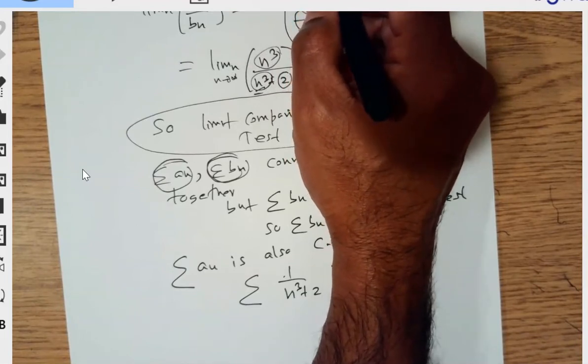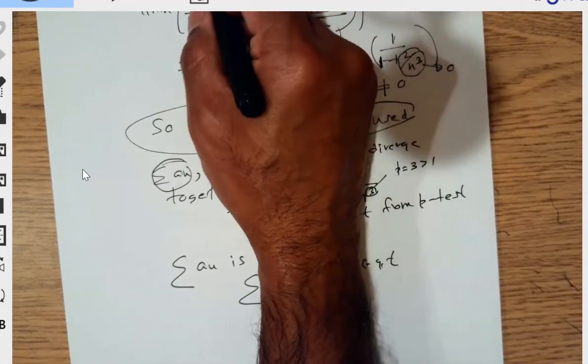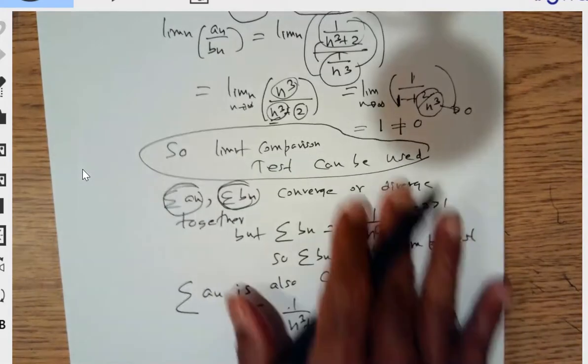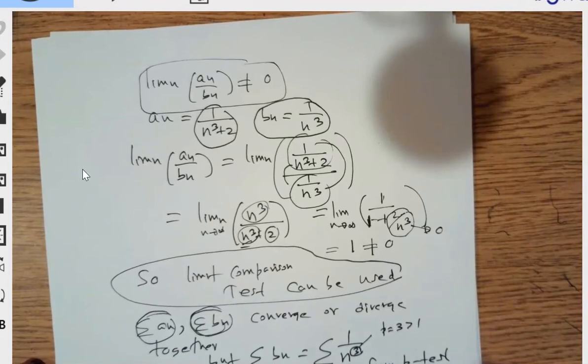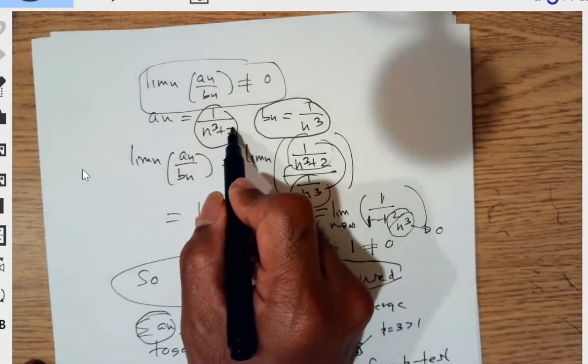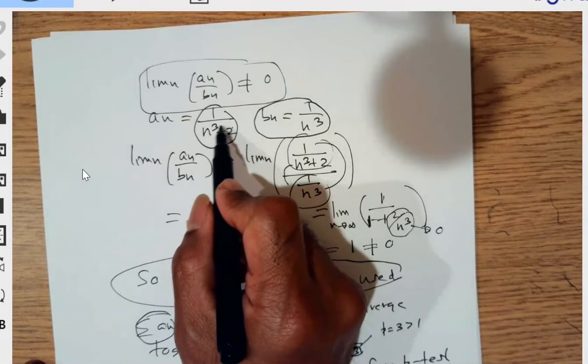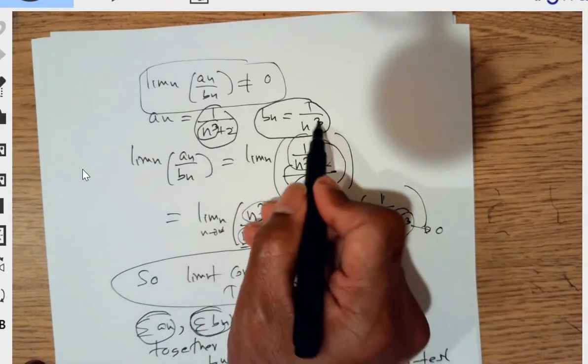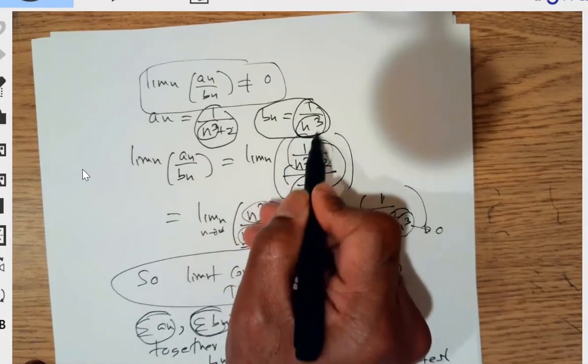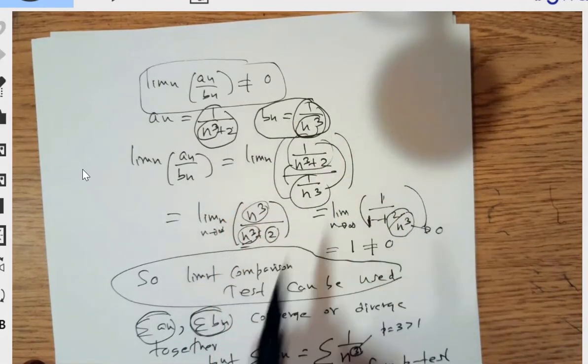And how did I find the partner? I looked at how this behaves as n becomes large. When n becomes large, this is dominated by n cube. So the partner is 1 over n cube because the 2 is not that important. That's how I selected the partner.